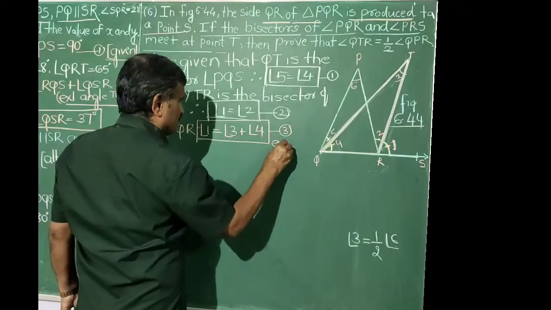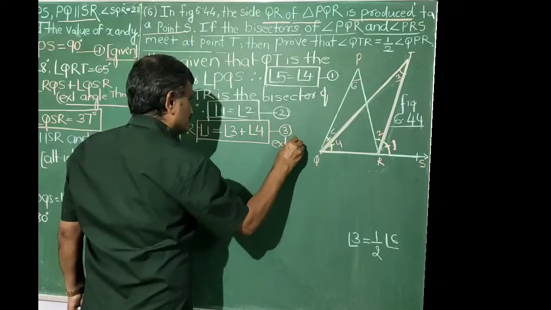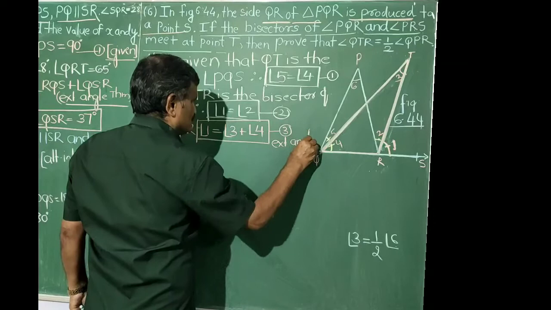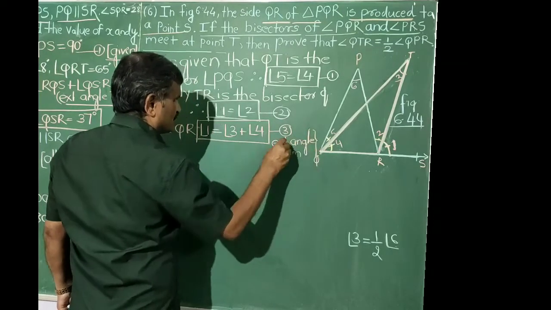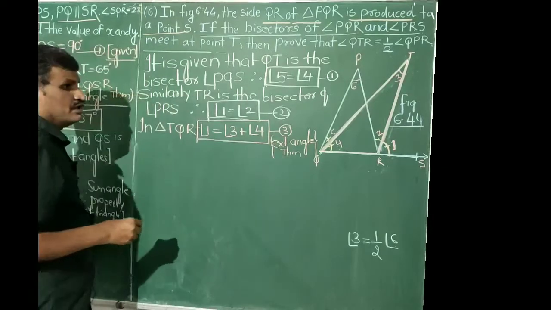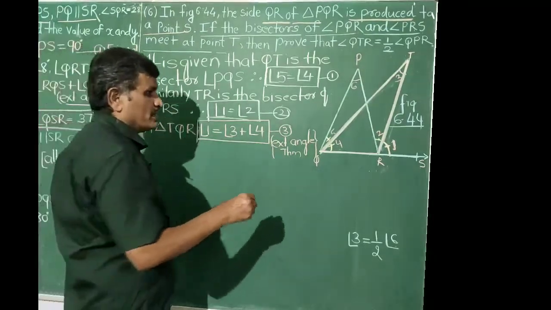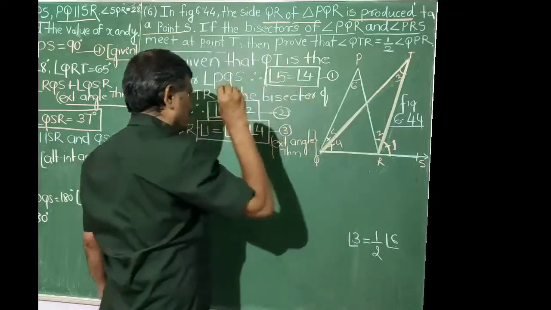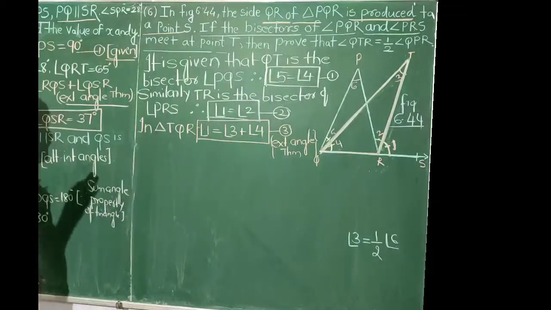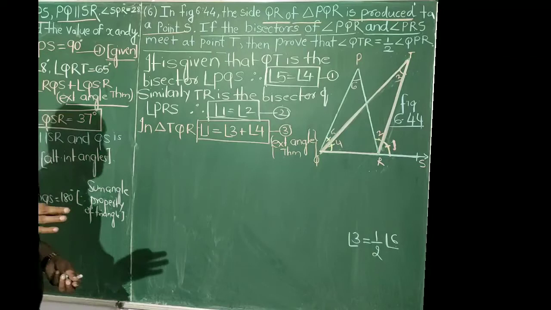Where has it come from? It has come from the exterior angle theorem. So what did I do? This angle equal to this angle plus this angle. Point number 1. I repeat again.